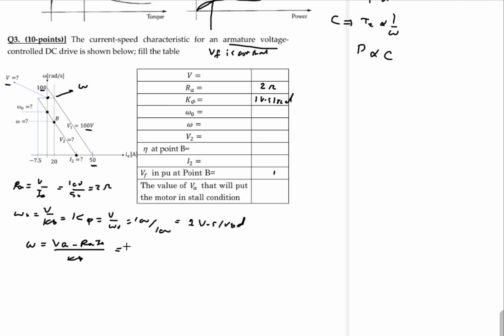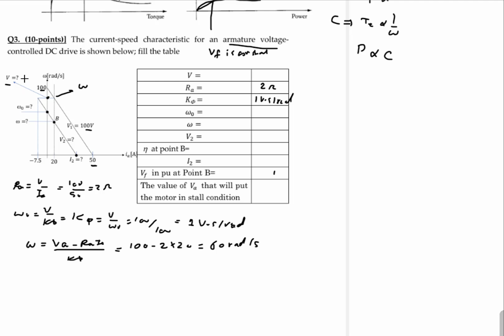So this will equal 100 minus RA, which is 2, multiplied by IA at this one, which is 20. So 100 minus 2 multiplied by 20 will equal 60 rad per second.